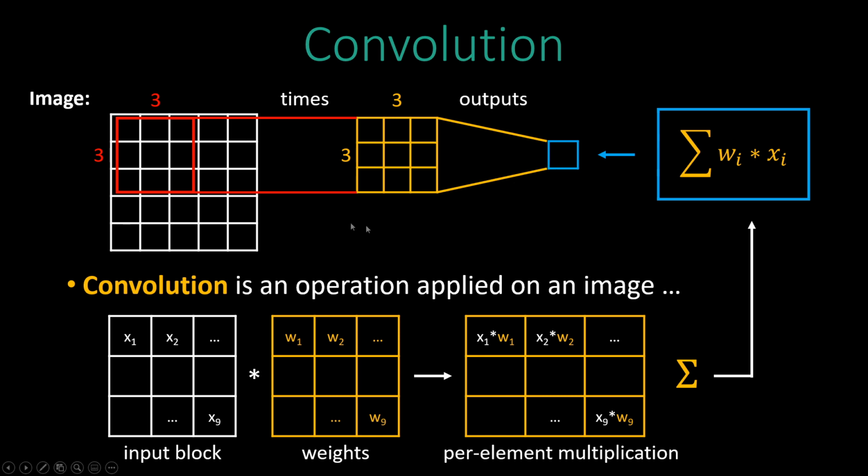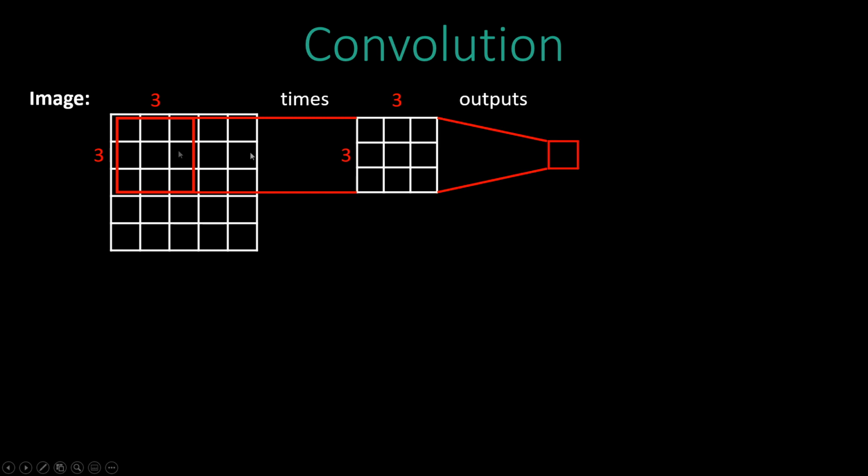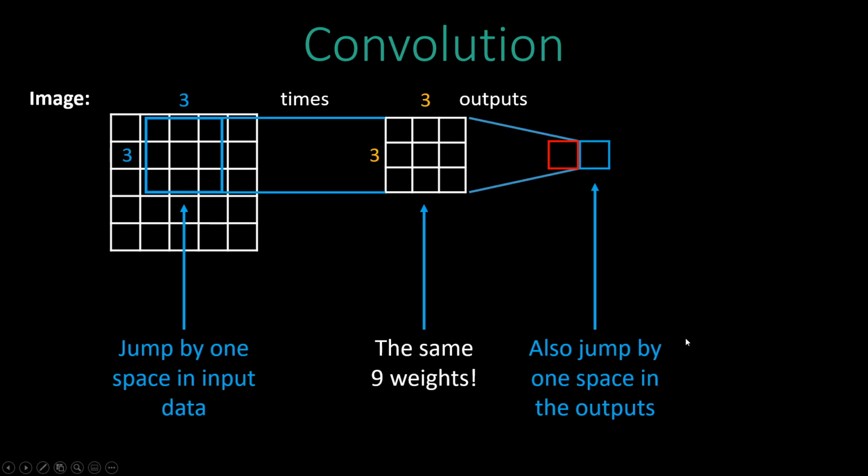What happens next is that, taking this one single pixel as an output, this is 1 by 1 from a 3 by 3 area, we then jump one pixel to the right in the input space, which also means we jump by 1 in the output space. What is important to say, and you will see this later as well, is that these 9 weights that are here, we have just reused them.